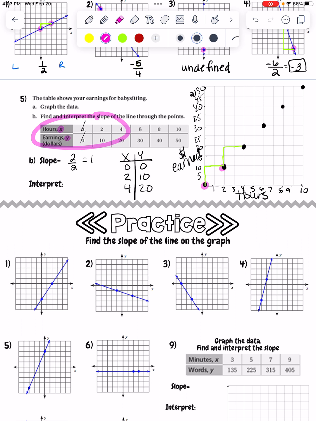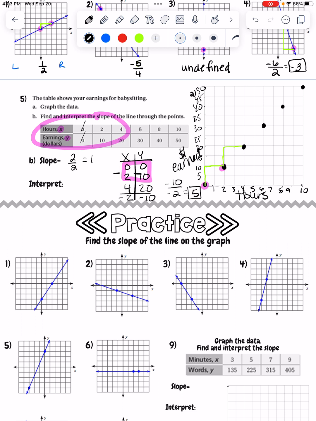So I'm going to use these first 2 and subtract down. 0 minus 2 is negative 2, and 0 minus 10 is negative 10. Now, negative 10 over negative 2 is my slope, and when I simplify that, I get 5.